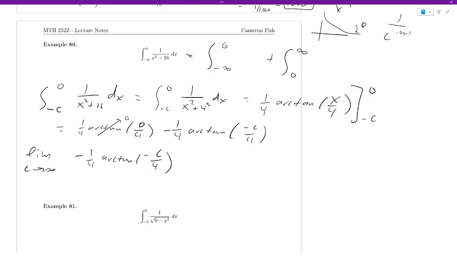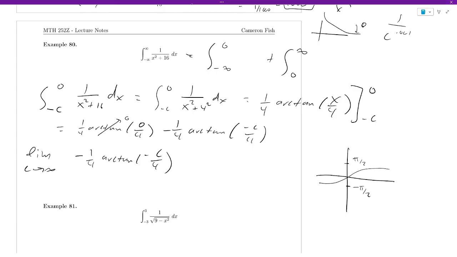So you have to know something about arctan in order to solve this, but if you make a graph of arctan, it will look something like this. There's an asymptote as c goes to infinity, and this asymptote is at pi over 2, and down here negative pi over 2.